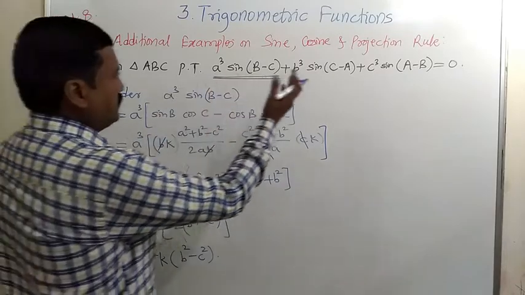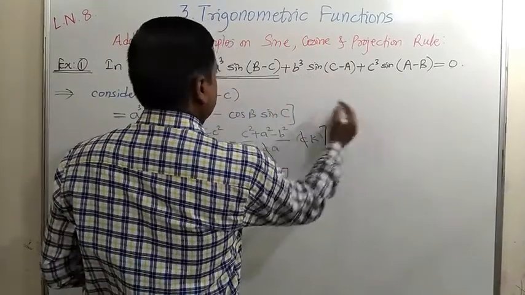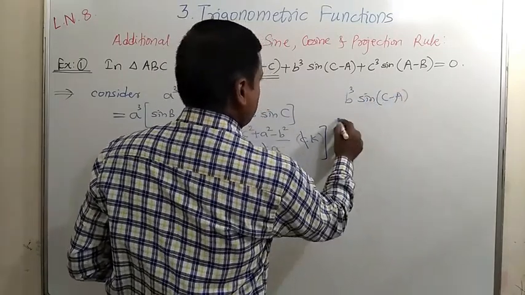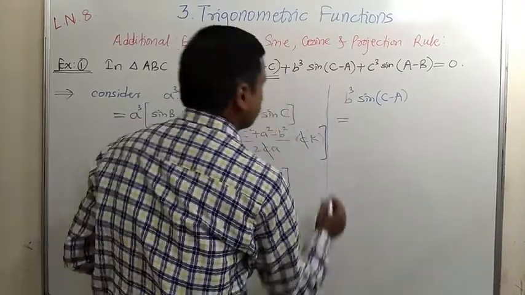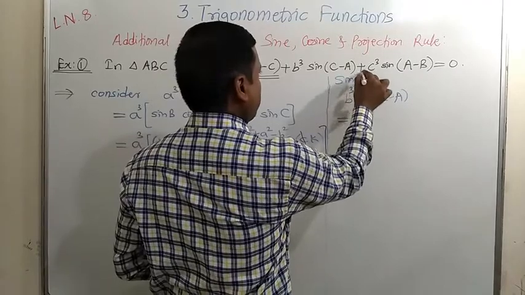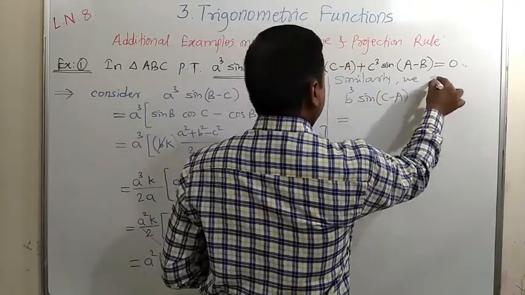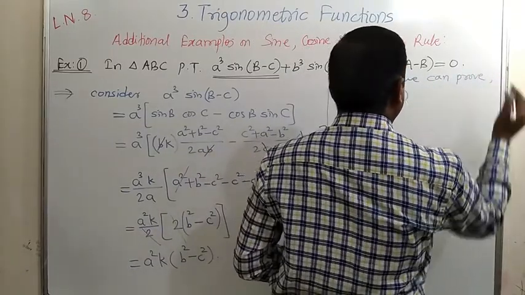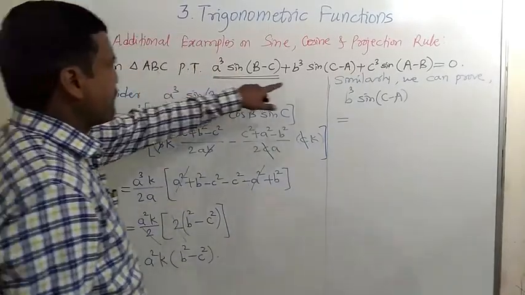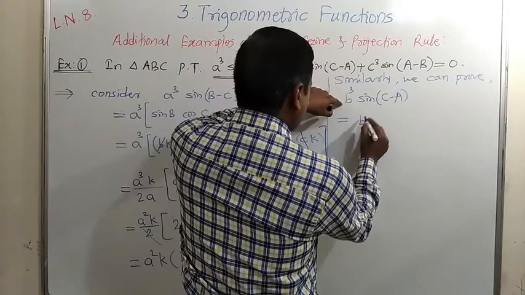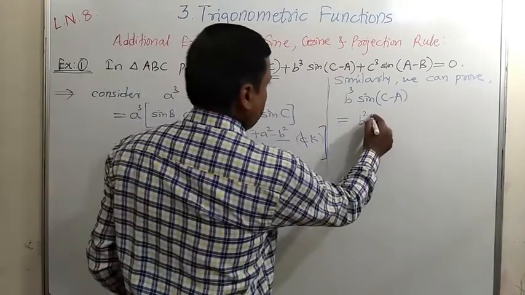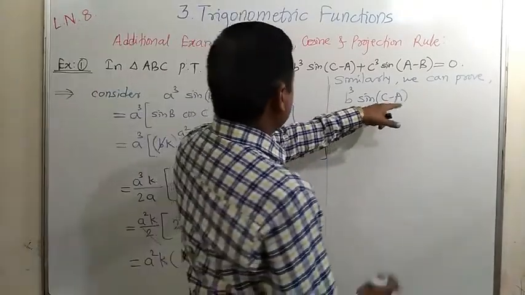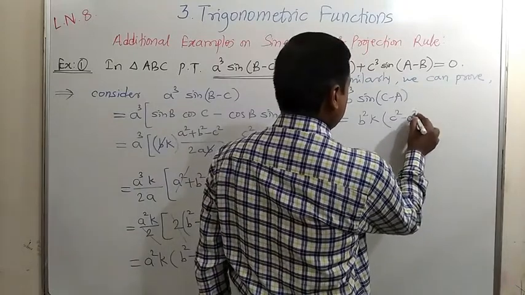Similarly, we can prove that B cube sine of C minus A is equal to B square K in bracket C square minus A square.